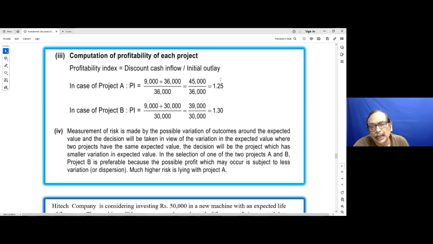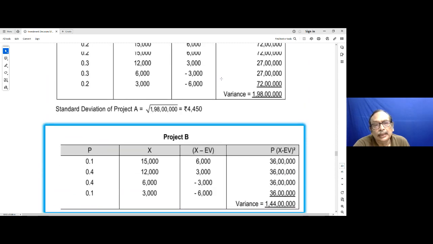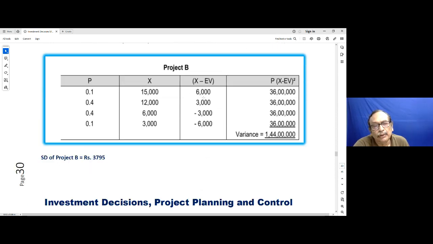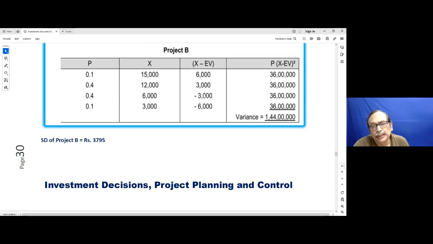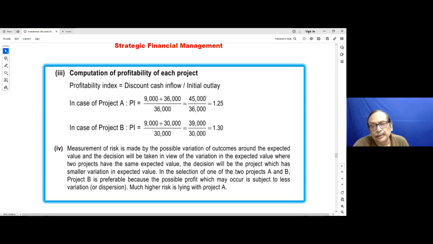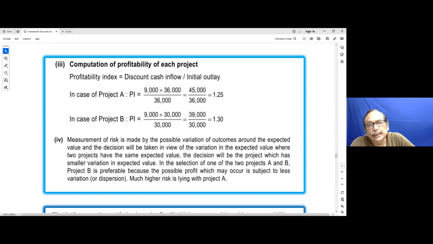Much higher risk lies with project A because we have already calculated that the standard deviation of project A is 4450 and that of project B is 3795. Hence, obviously project B will be selected. And in case of profitability index, a project having a higher profitability index is selected, that is project B, where it is 1.30.